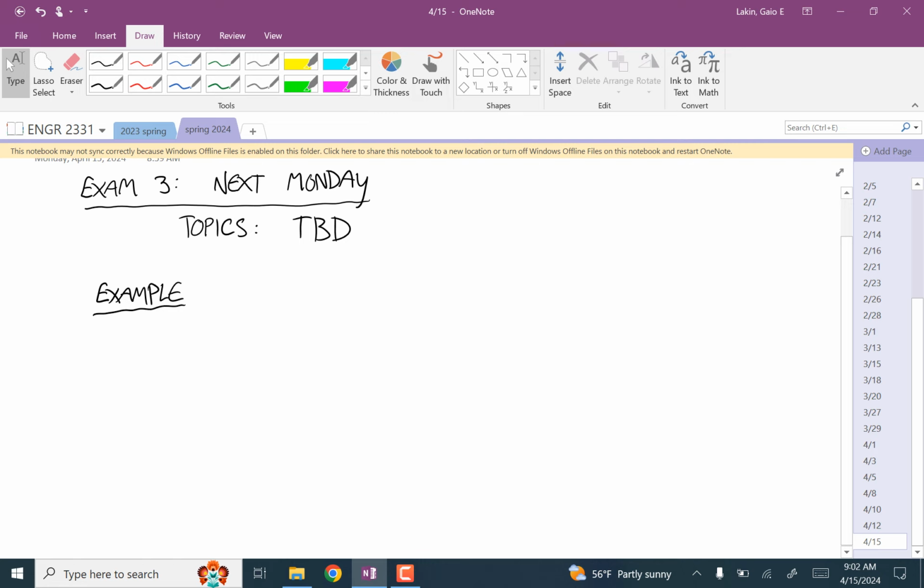But okay, so let's say we have a bar that's rotating this way, and it's connected to a thing that rotates around it like this.